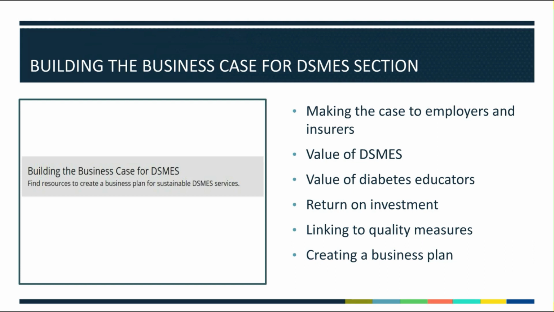This includes the value of DSMES, the value of diabetes educators, the return on investment from these programs, and how to link to quality measures. You will also find information, tools, and resources to create a business plan for your program.